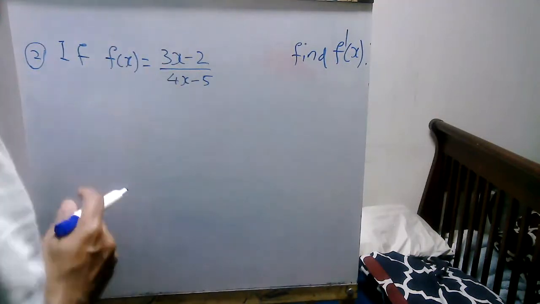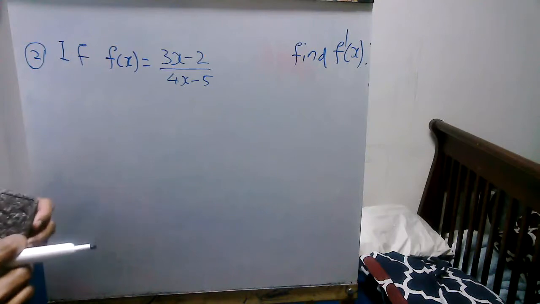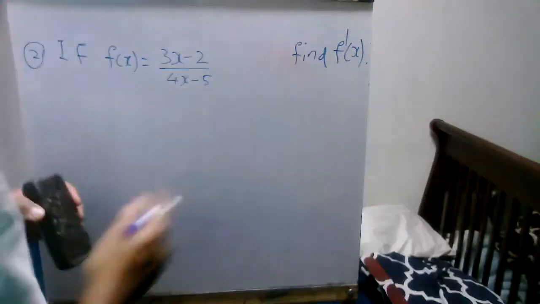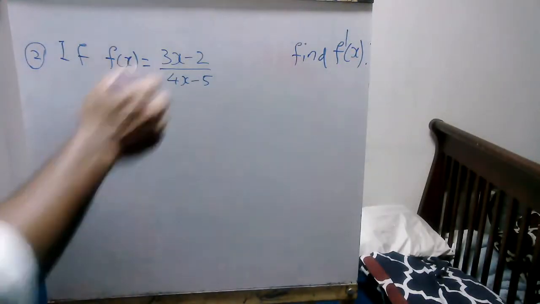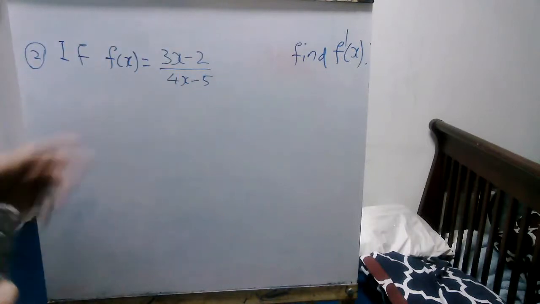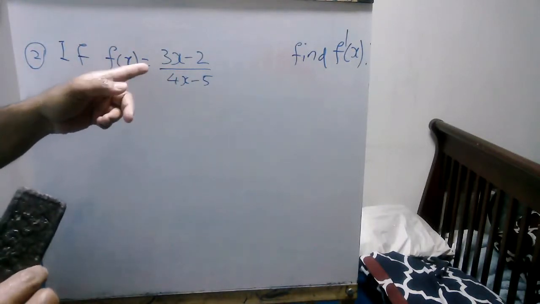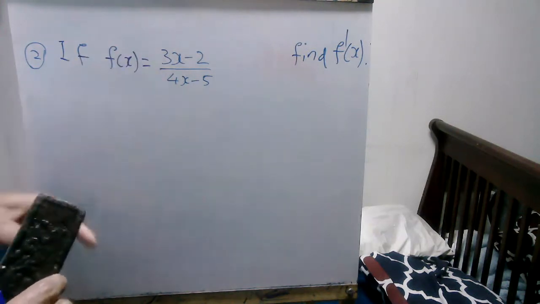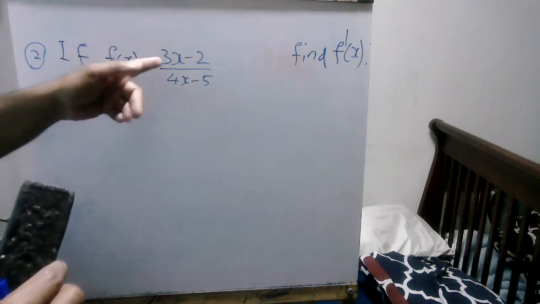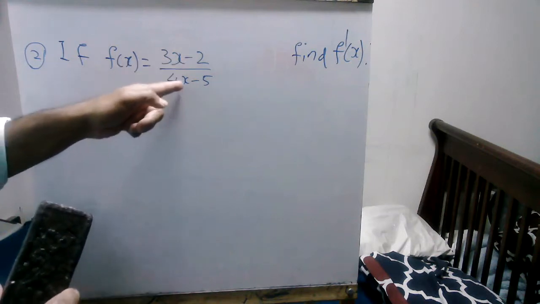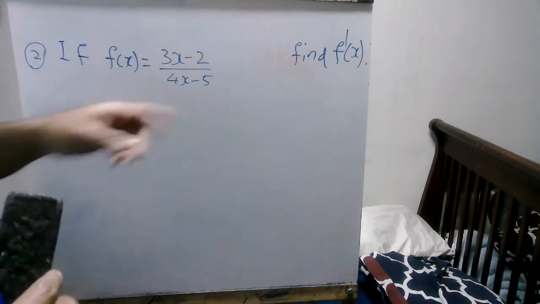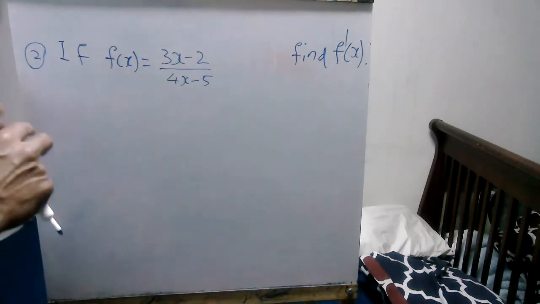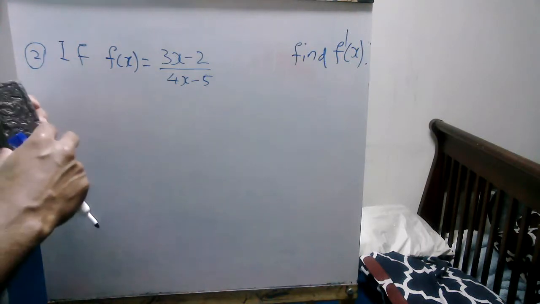If f(x) equals 3x minus 2 over 4x minus 5, find f dash x. Now first look at the question. What does this look like? Is this a product? No, this is not. This is a quotient, a polynomial divided by another polynomial. So we have to use the quotient rule.